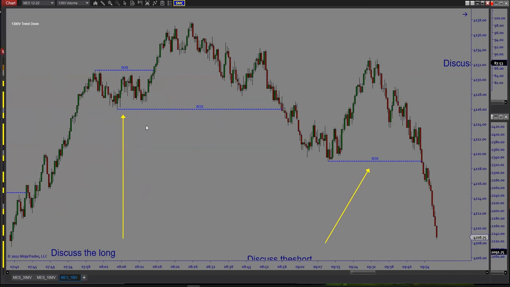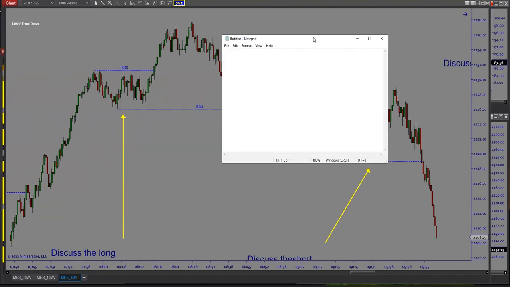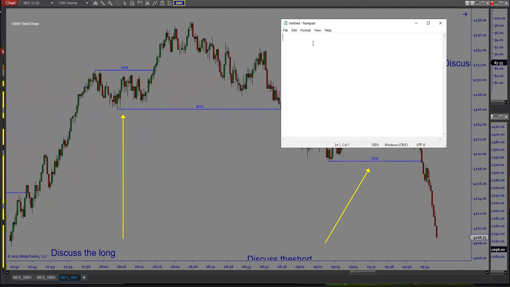So what we're going to do is I'm going to grab another notepad. I'm going to write some rules down. Okay. I'm going to write some rules for a couple of the setups. So setup number one I'm going to teach you is the BOS, value area high, value area low, order block.